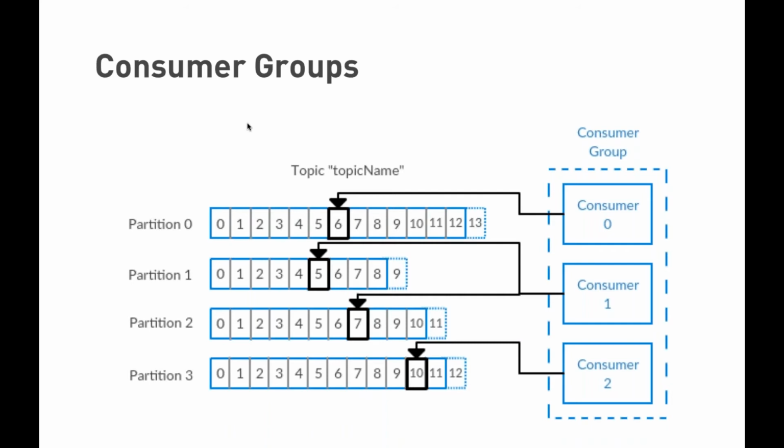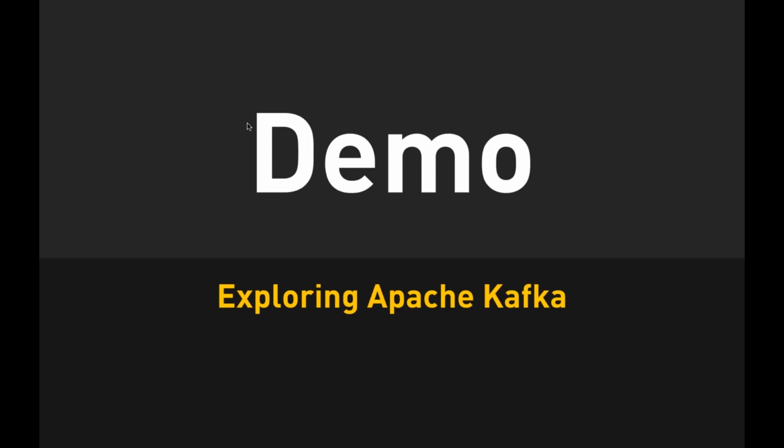Now this consumer group could be responsible for processing all the messages, and we could create another and assign them to the same topic, and they are completely independent of the existing consumer group. So that's the idea of sending messages to multiple consumer groups, where each consumer is guaranteed to receive a unique message.